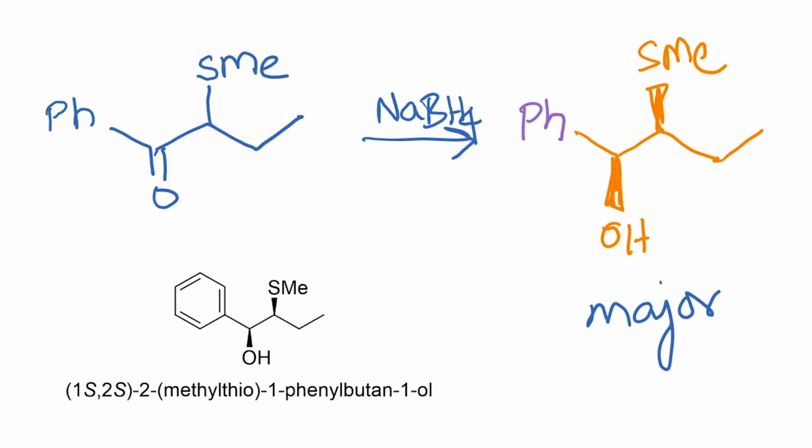Okay, so now in order to make things clear, let's first assign the stereochemistry for this compound, so that we can find out whether the model predicts the outcome correctly or not.